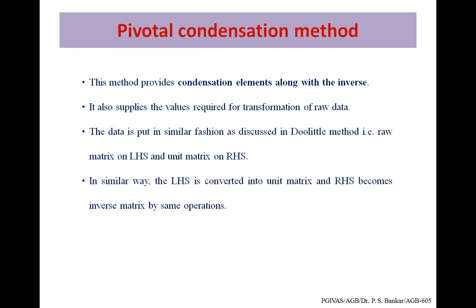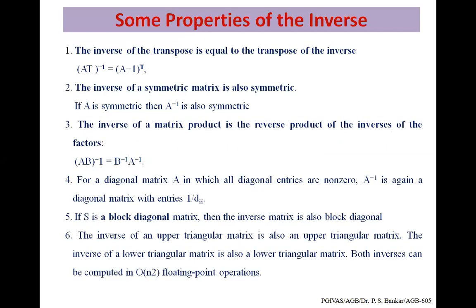In the same fashion, we convert the left hand side matrix into a unit matrix. So automatically the unit matrix present on the right hand side will become the inverse by some operation. So this is just the theoretical part of our inverse matrix, the types of inverse matrix.